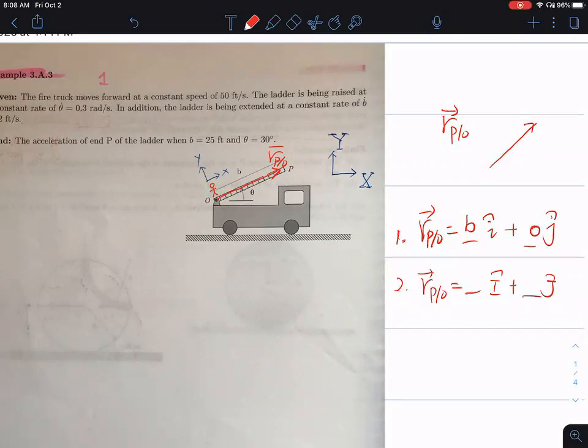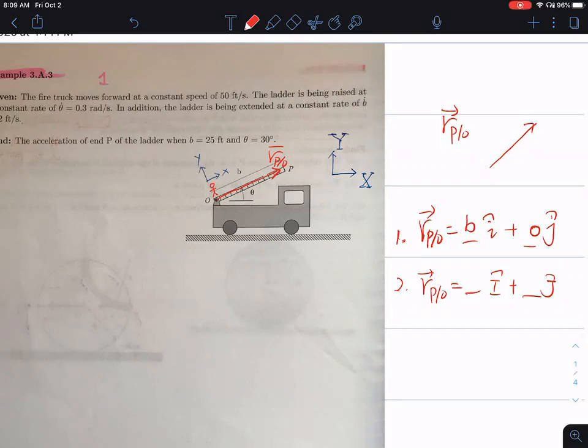Okay. R_P/O is just B i plus 0 j. That's inside of our local coordinate system. It's pretty easy, right? Just put B there, 0 in front of j.